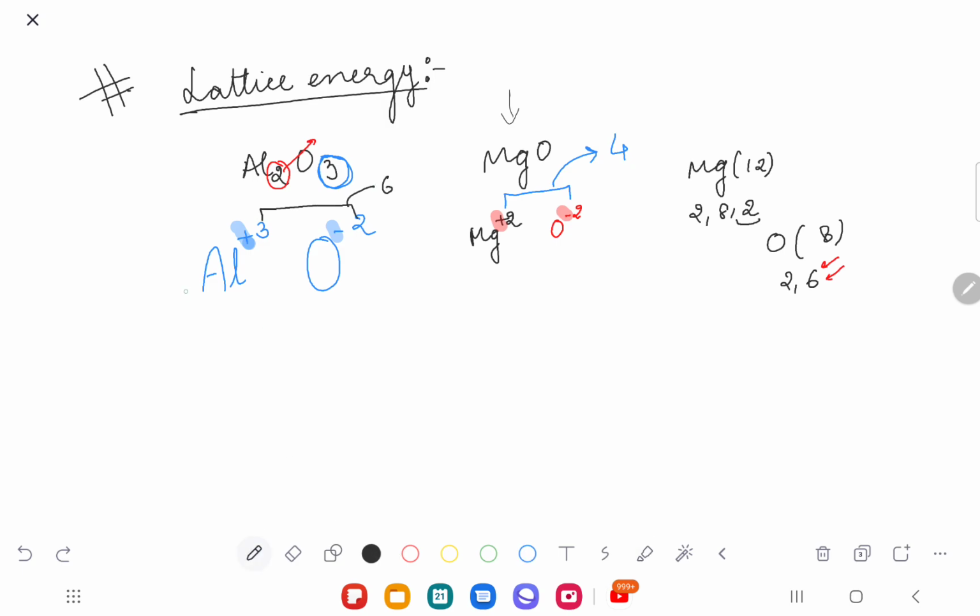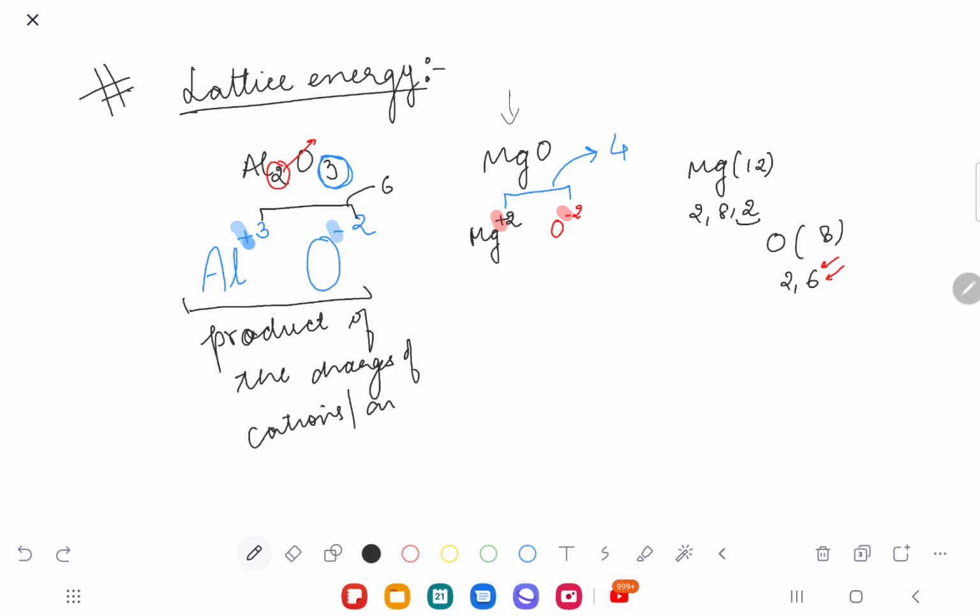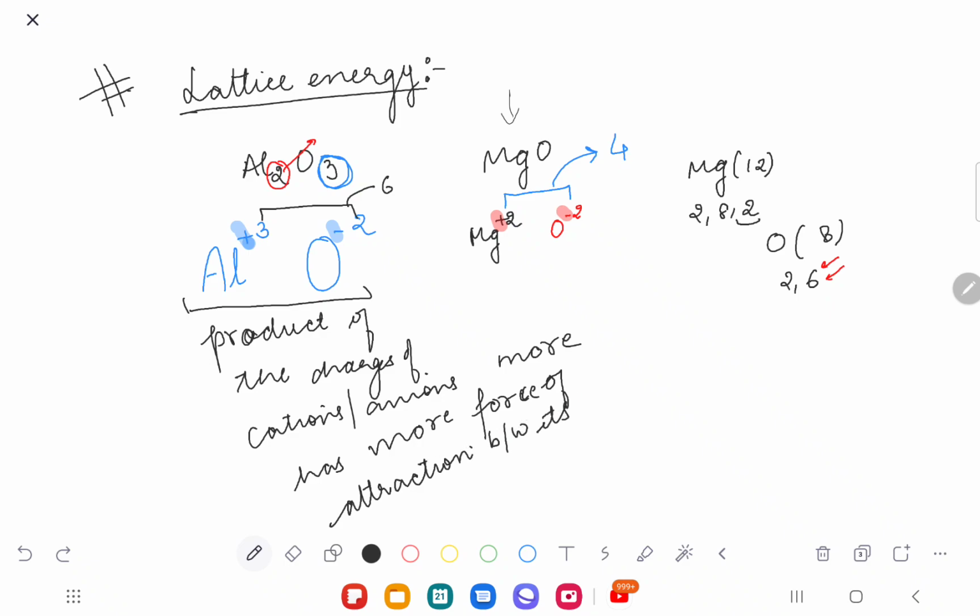Exactly. So the compound where the product of the charges of the cations and anions is more, that compound has more force of attraction between its ions.